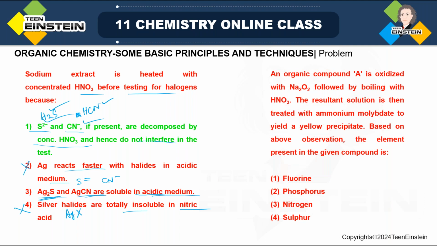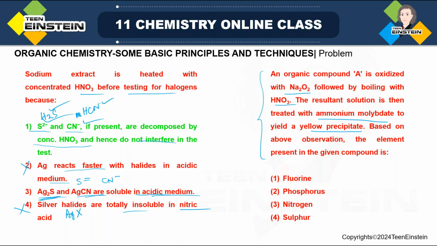Now this question, from the name of this molecule, you can understand is for phosphorus. An organic compound A is oxidized with Na2O2 followed by boiling with HNO3. The resultant solution is then treated with ammonium molybdate to yield a yellow precipitate, a canary yellow precipitate. Based on the above observation, which element is present in the given compound?